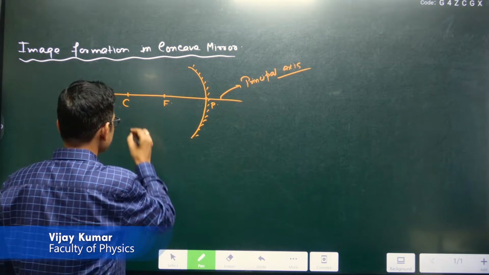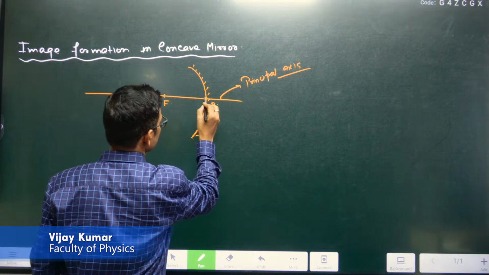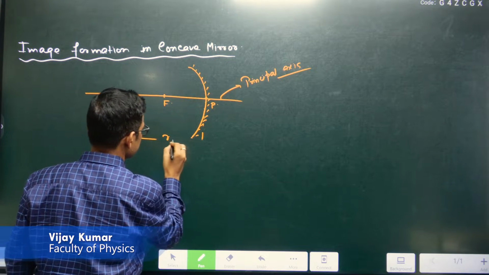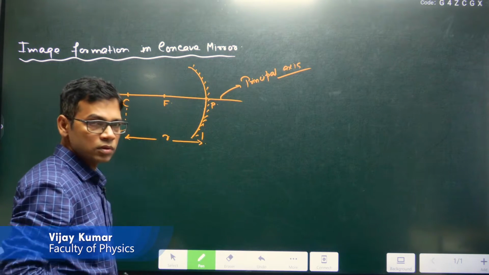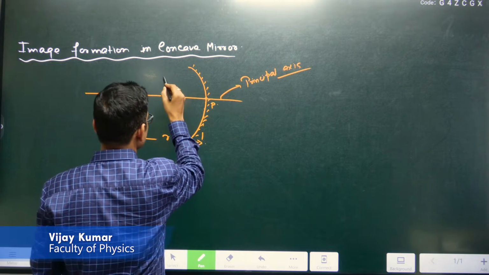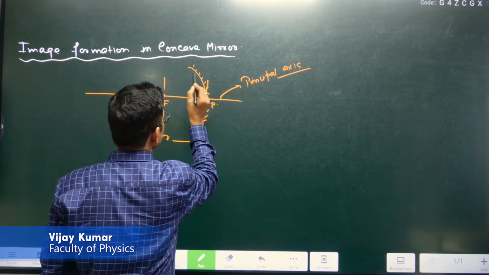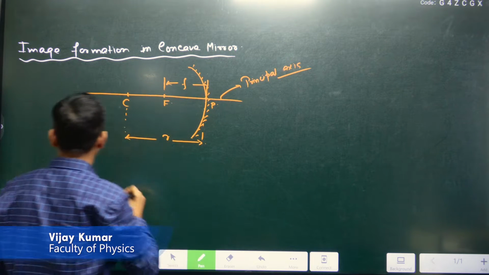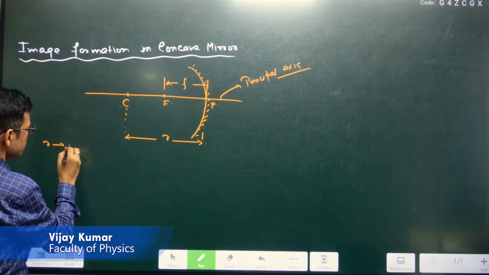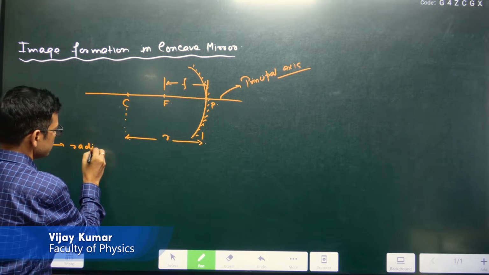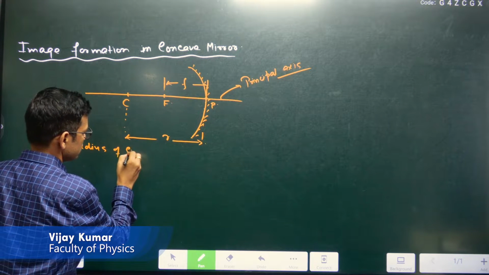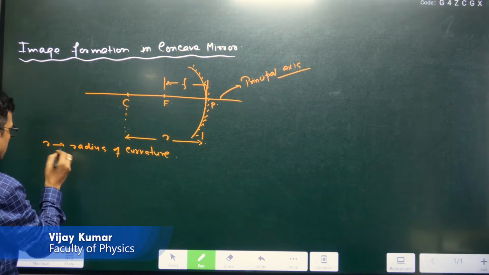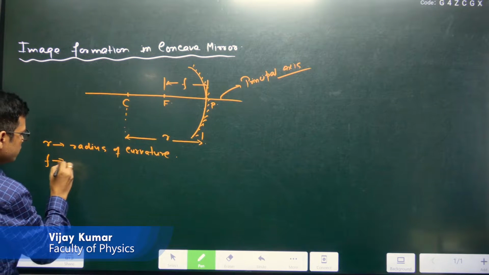The distance from the center of curvature to the pole of the mirror is called the radius of curvature R. The distance from the focus to the pole is called the focal length F. This R is your radius of curvature and F is your focal length.